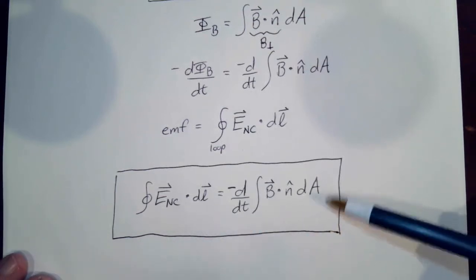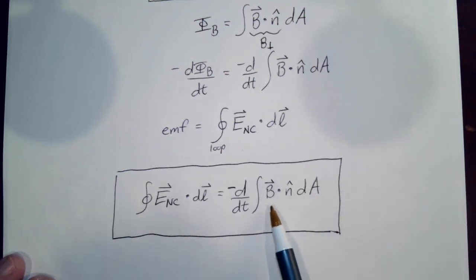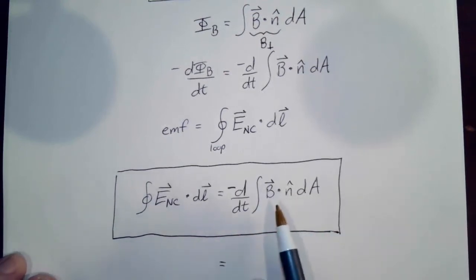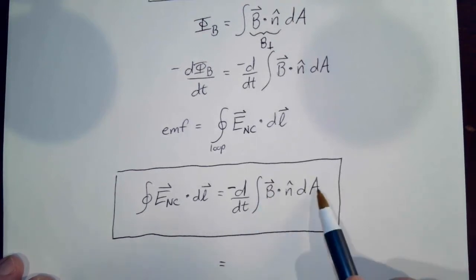So let me give you an example of something that is simple. One thing that could be simple is, what if B and n hat are always parallel? Then B dot n hat just becomes the magnitude of B. And let's say that the magnitude of B is changing, but the area is not.